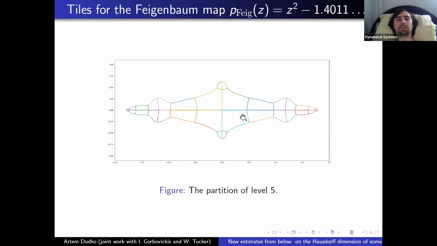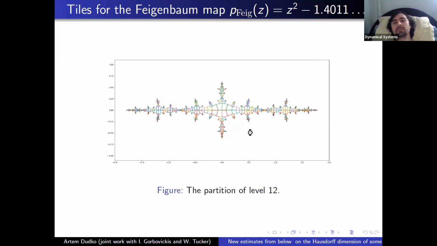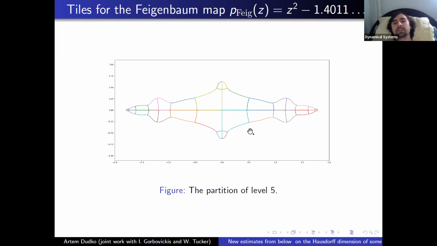Even for hyperbolic polynomials, for simplicity of calculations, we don't care about cutting out disks from the attracting set. And so for the hyperbolic case, our partition does not converge to 0 in the diameter, but we believe that it does not affect the accuracy of the approximations. So there will be some tiles which are narrow and thin.